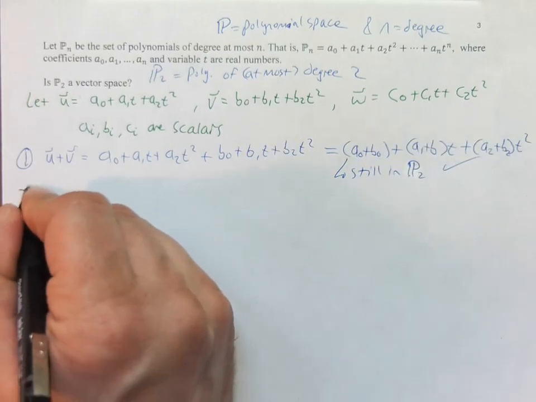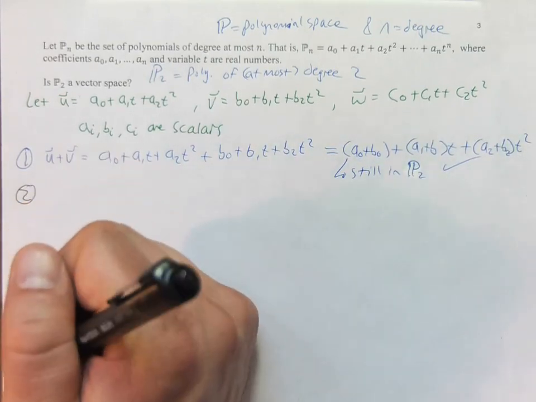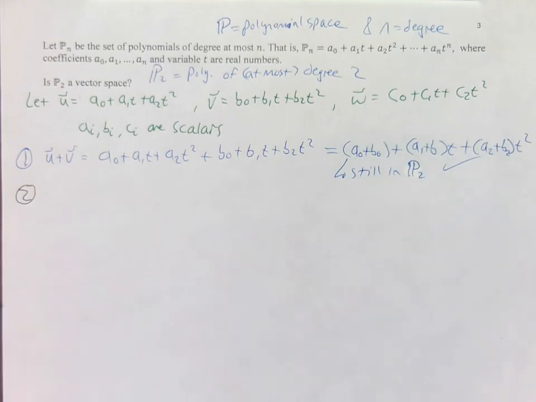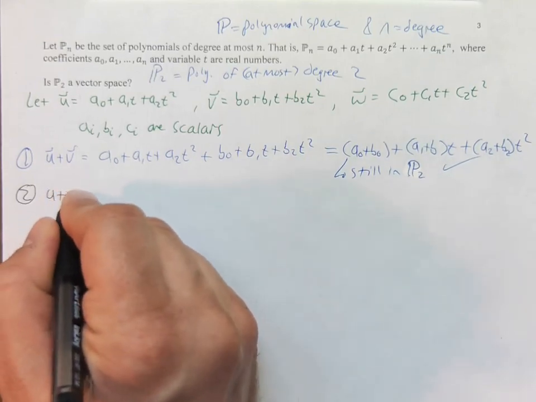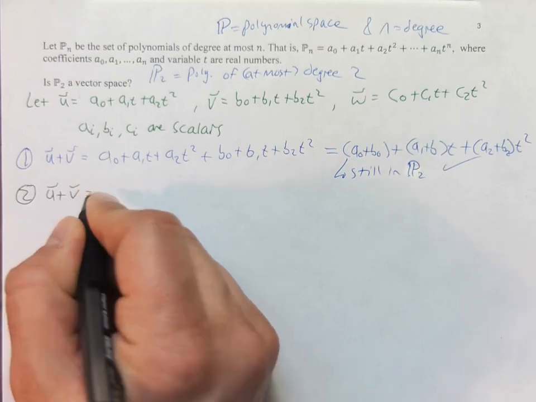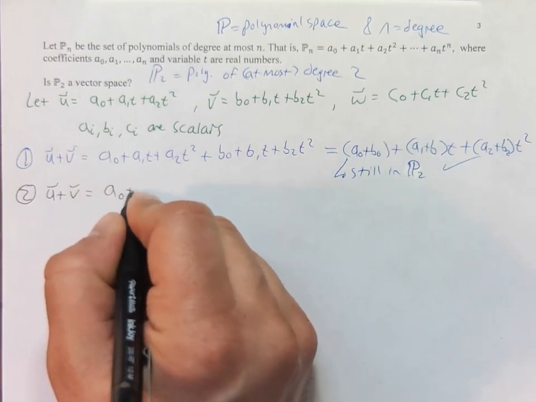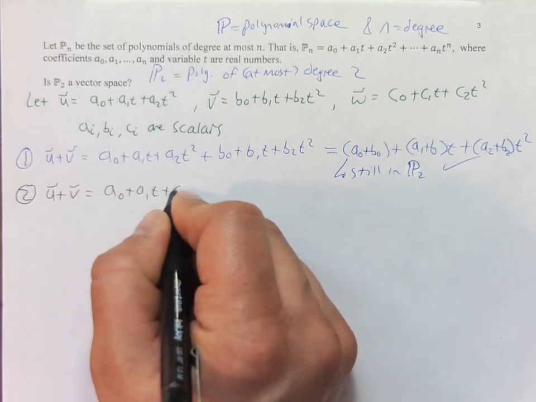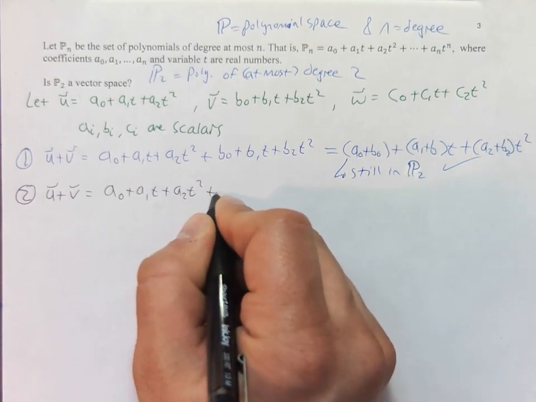Let's do property 2. Property 2 tells us we should be able to change the order in which things are added. So when we look at u plus v again, I'm going to write down u plus v again, same thing right above.